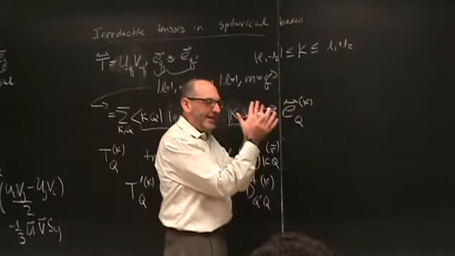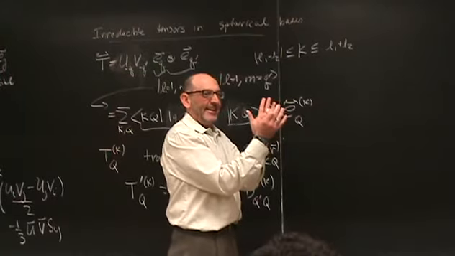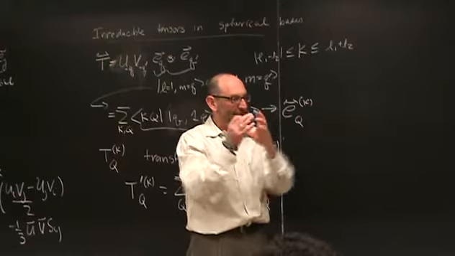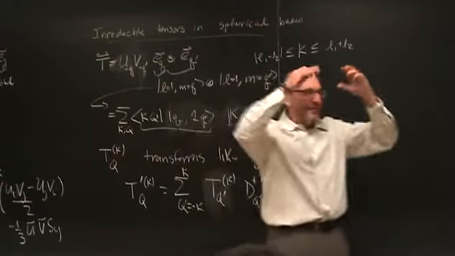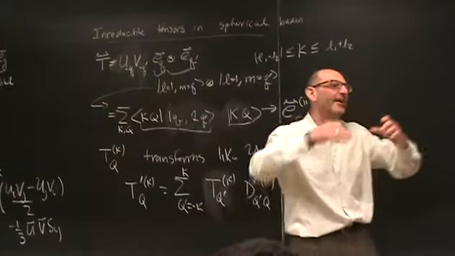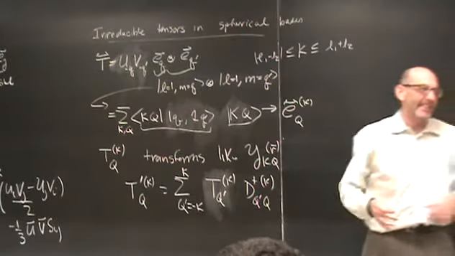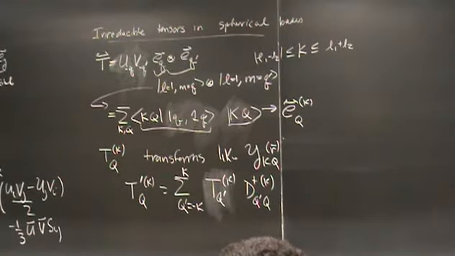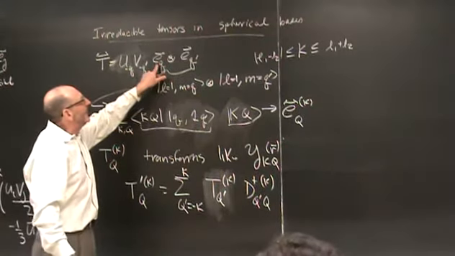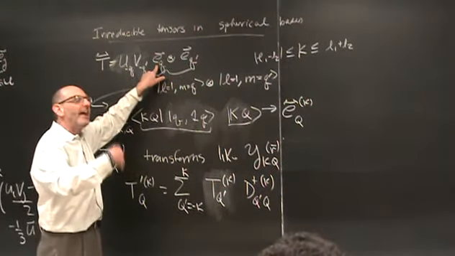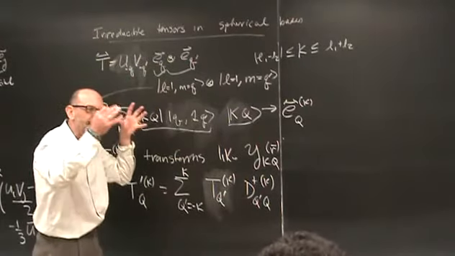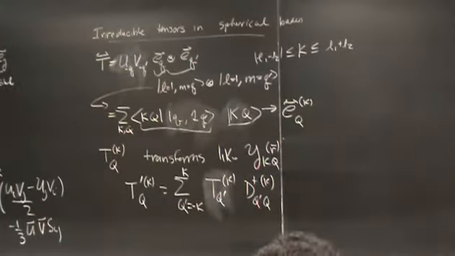So when I tensor together two vectors, I can get something which has the equivalent of total angular momentum 0, that's the scalar part, total angular momentum 1, that's the vector part, total angular momentum 2, that's the irreducible tensor part. Okay? But it's all really coming from the fact that x plus or minus, y, and z transform like L equals 1. That's where the structure grows from.